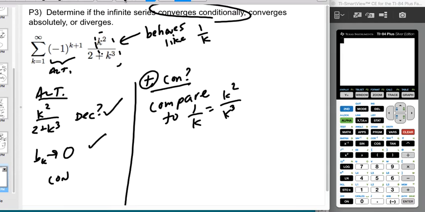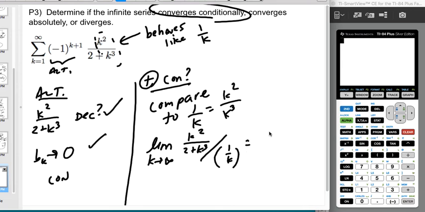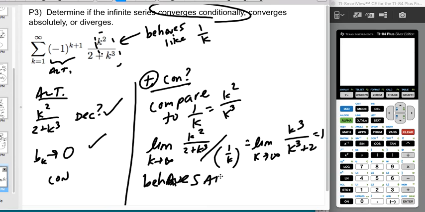So if I use limit comparison, I would find that the limit as k approaches infinity of k squared over (2 plus k cubed) divided by 1 over k is going to be the limit as k approaches infinity of k cubed over (k cubed plus 2), which is 1, a finite number, so they behave the same. So behave the same, which means that this series diverges.